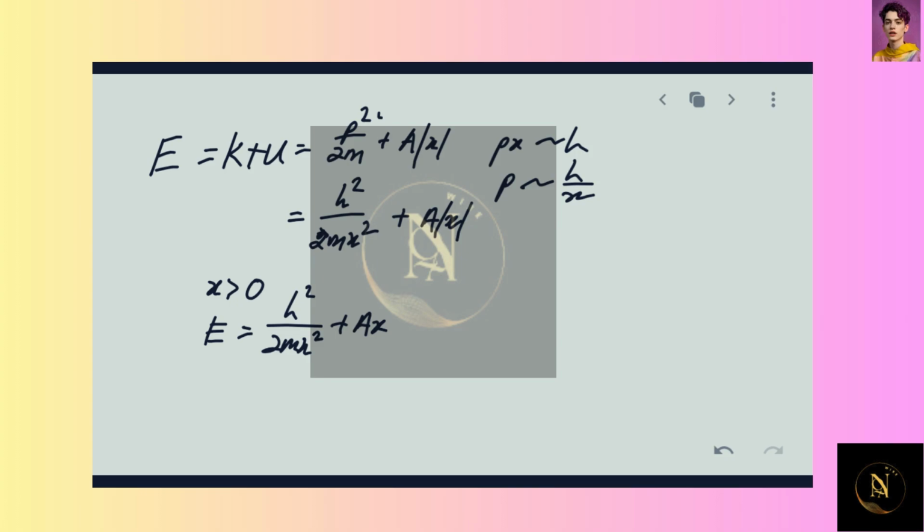We can find the x value that will give a minimum energy, which is what we want because we want the zero point energy. We just have to differentiate E with respect to x and equate this to 0.